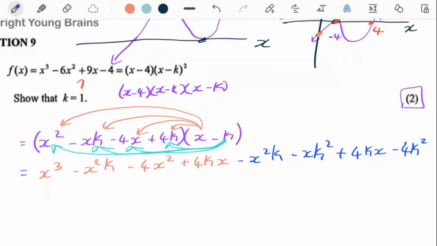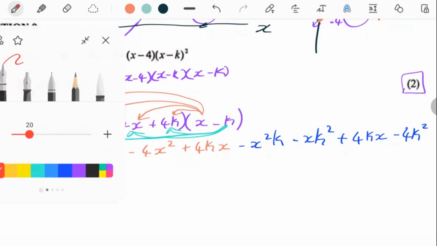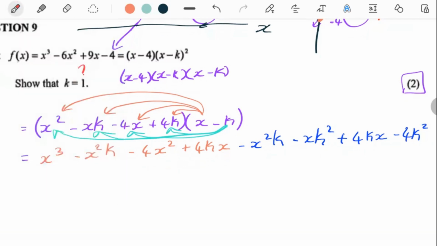So in this case, we only need like terms. When we say we only need like terms to work together, what I'm trying to say is, firstly, all the values that have x squared go together, all the values that have x alone go together, and then lastly, all the values that don't have x will go together.